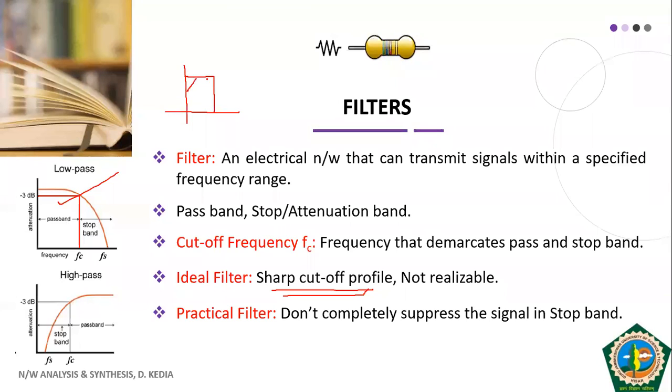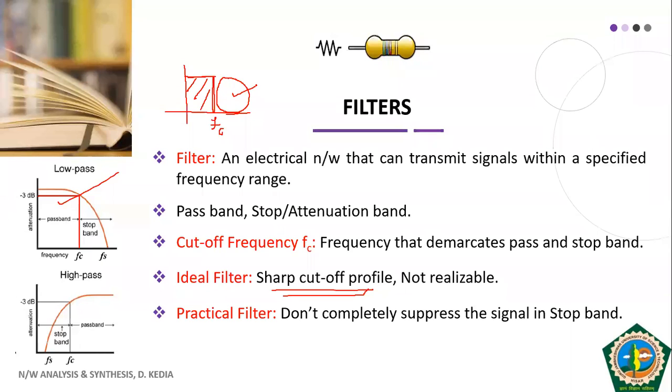This is the pass band. Okay, your signal is passed as it is, and as soon as your pass band is over, then your signal is completely attenuated. There is no single instance of the signal or the frequency outside the pass band that can come out of the filter.